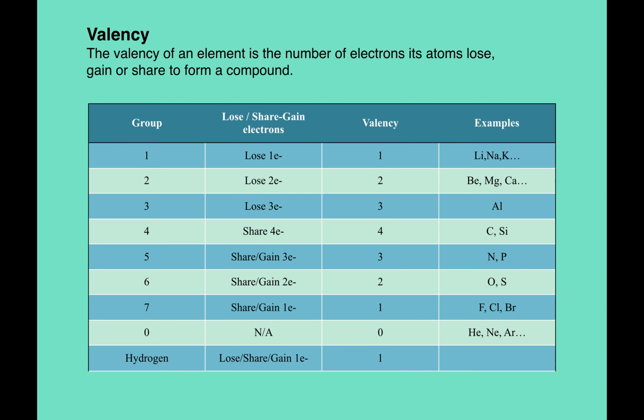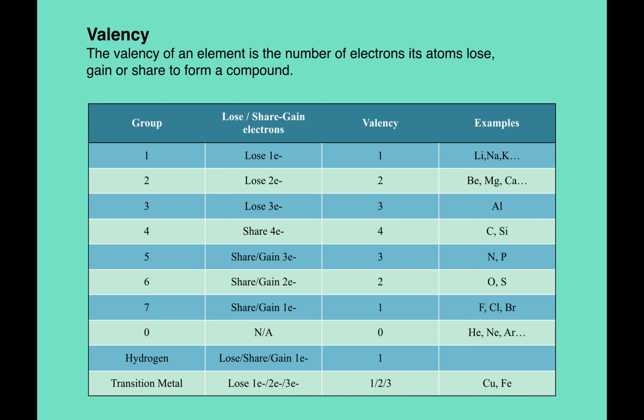Anyway, hydrogen will lose, share, or gain 1 electron. Its valency is 1. And transition metals, they can lose 1, 2, or 3 electrons. In the case of copper, remember, you can get copper 1+ or copper 2+. In the case of iron, you can get Fe2+ and Fe3+.